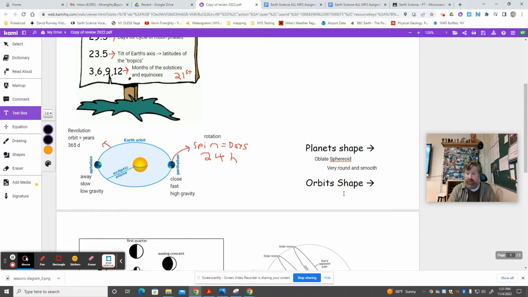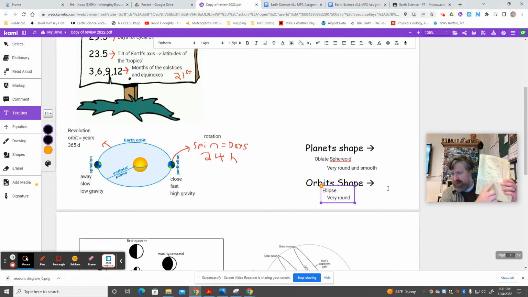Okay? The orbit shape, yes, it's kind of the same concept. Yes, it's an ellipse, but it's very round. It's very circular. It has a really low eccentricity. Eccentricity is going to come up on the test. It's available right here on the reference tables. You can look at the values of all the planets. The lower the number is, the rounder the shape is. And an elliptical orbit that we have is really very round.